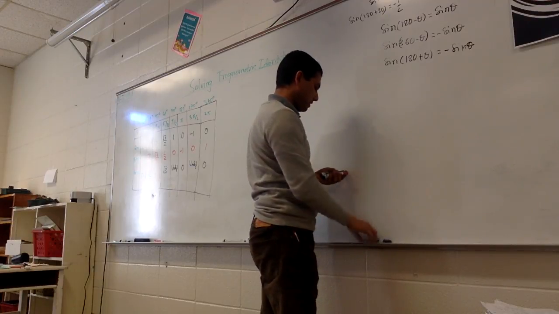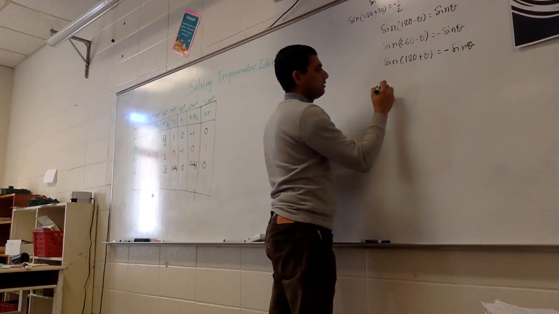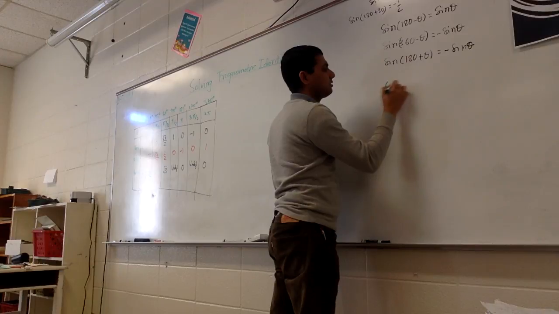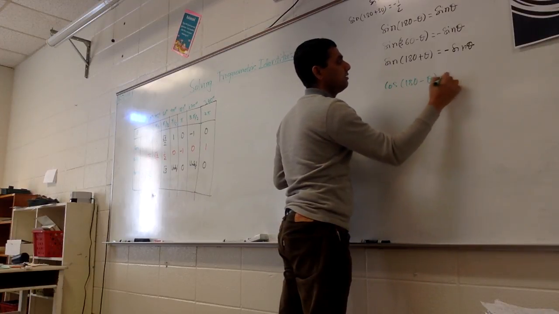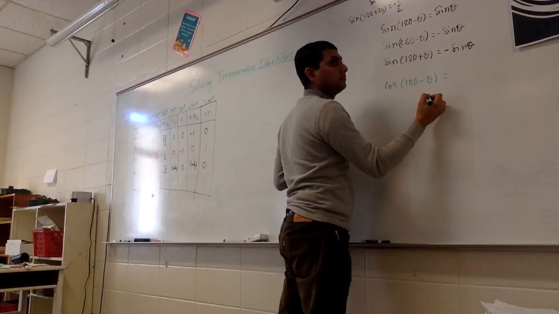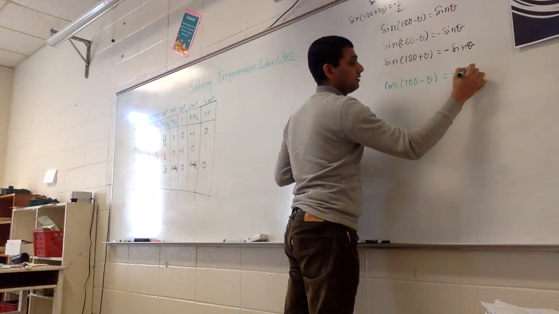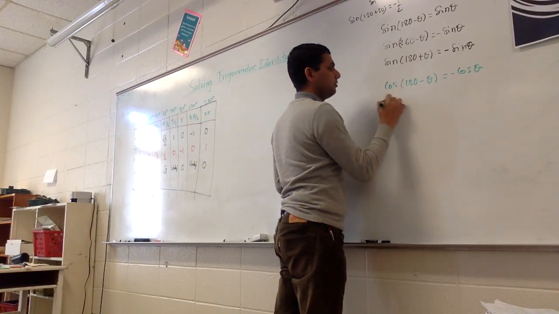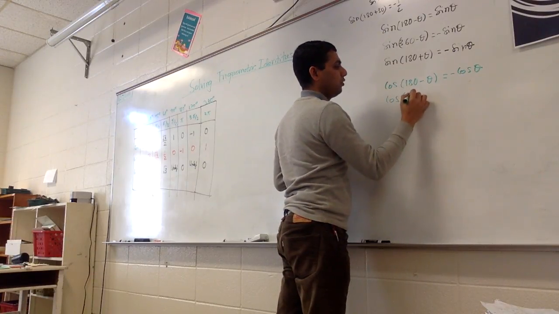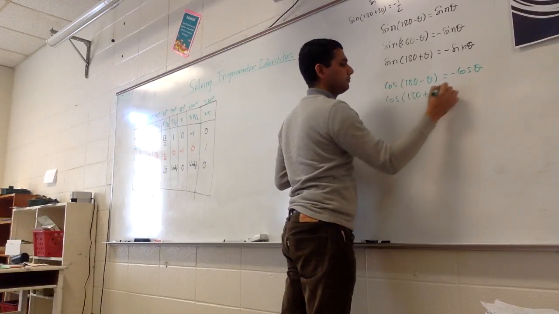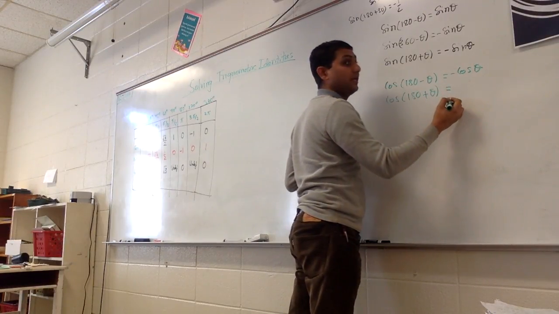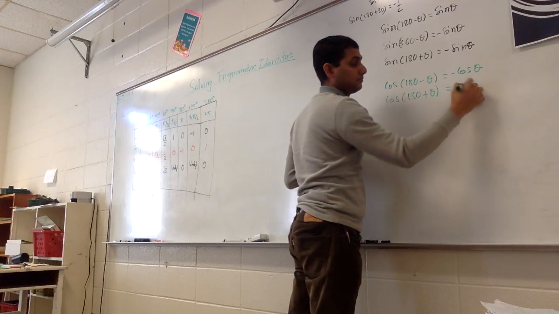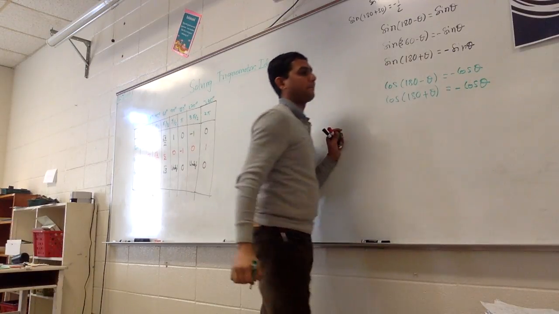Let's see for cosine. Cosine of 180 minus theta will be negative cosine theta. Cosine of 180 plus theta will be negative cosine theta. Why?